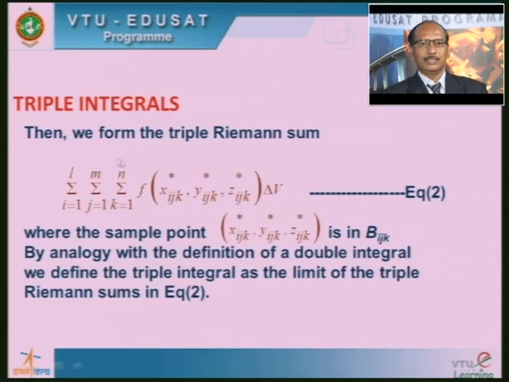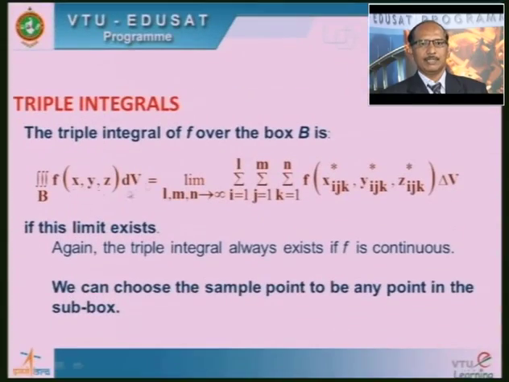As with m and n tending to infinity in double integrals, here you make l, m, n tend to infinity. If the limit of that sum exists, it is the triple integral of the function f over the rectangular box.